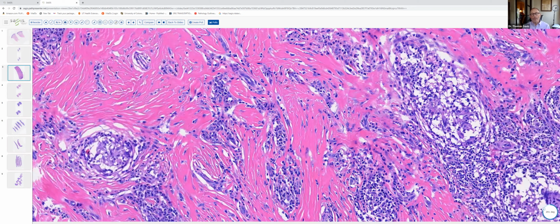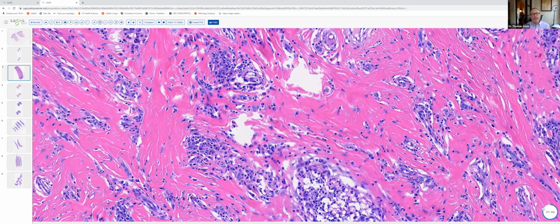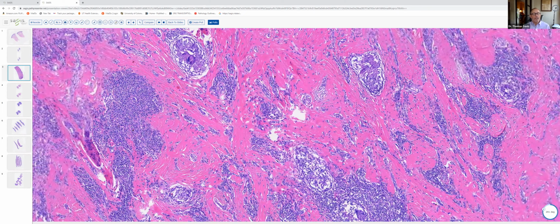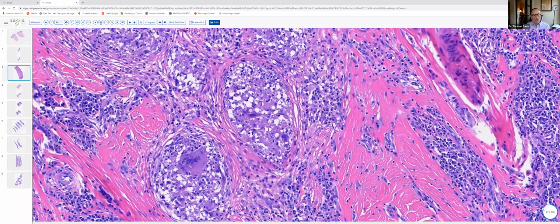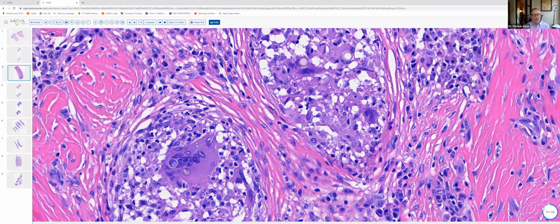You have to look around, but a lot of these were in multinucleated histiocytes, which is a good place to look for the organisms. I'm just going to hunt around here a little bit more. And again, here are a couple more of these spherules.